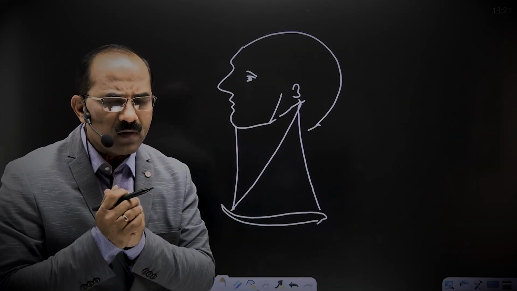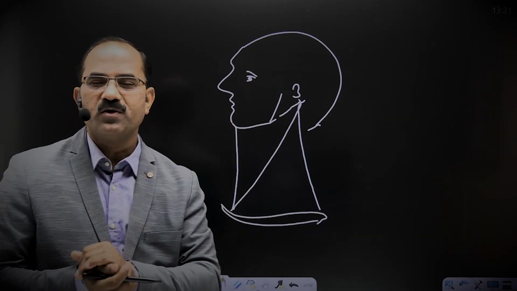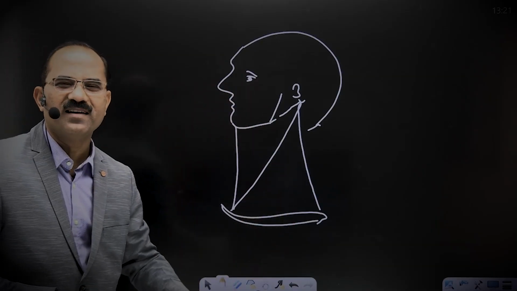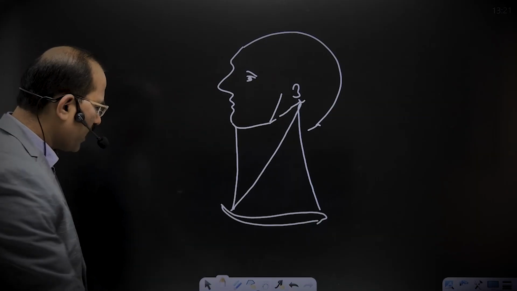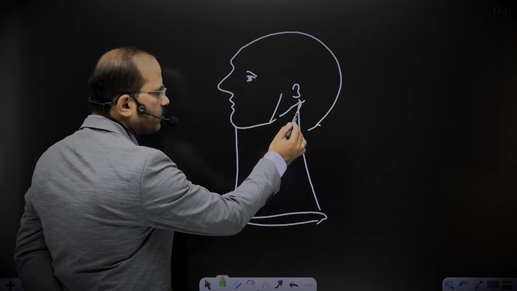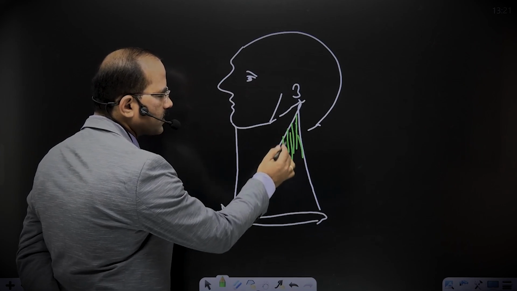Boundaries. Understand the floor of the posterior triangle. Very important from MCQ point of view. The floor of the posterior triangle from above downwards is formed by, have a look, the first muscle lying in the floor is known as the semispinalis capitis.